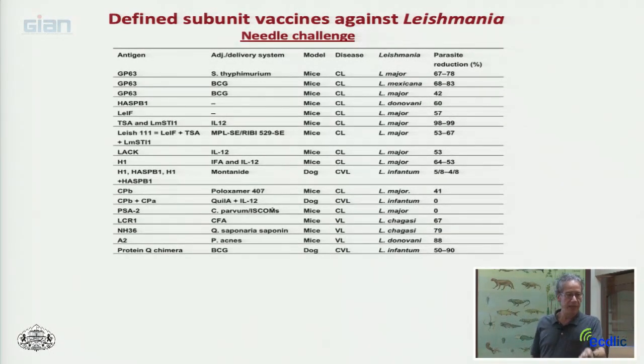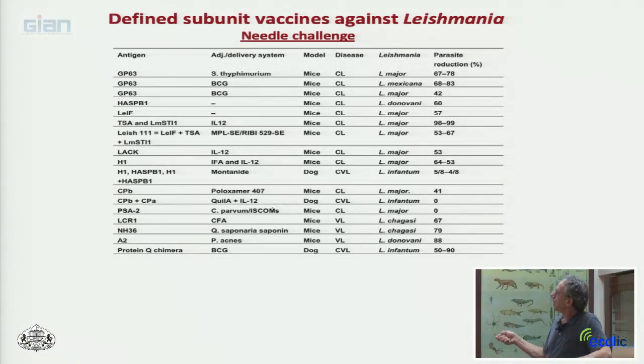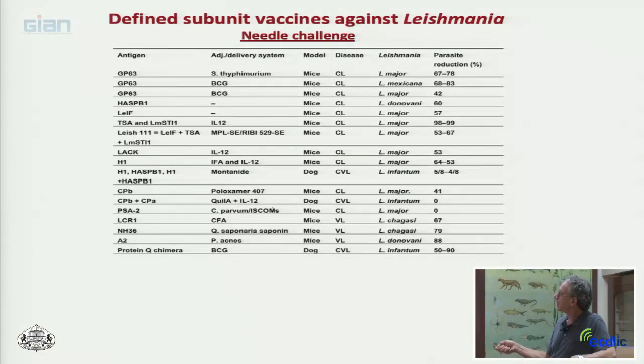These are both DNA-based and protein-based subunit vaccines, recombinant vaccines, against certain target antigens like GP63, the metalloprotease we discussed before, and various other Leishmania proteins, histones, some other cell surface proteases.